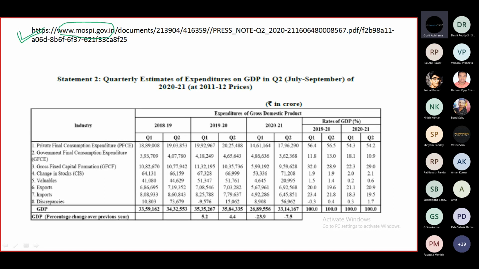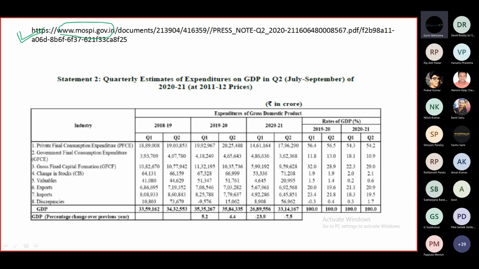So this is your homework. You have to visit this website particularly, and then look for India's GDP situation.